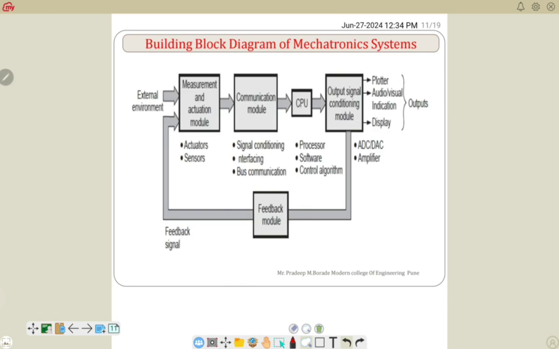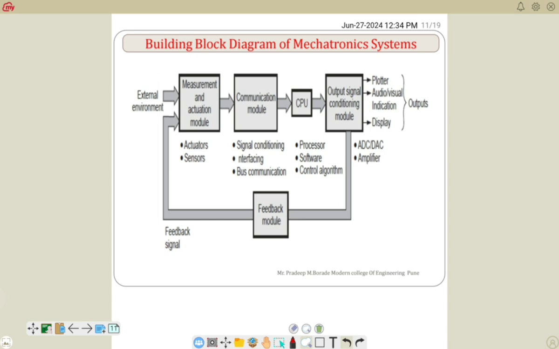Next, if you see the building block diagram of a mechatronic system, this is the way to manufacture a mechatronic system or how it will work.